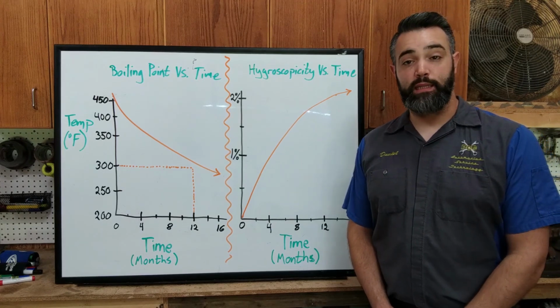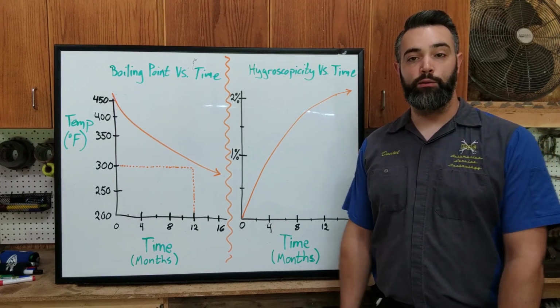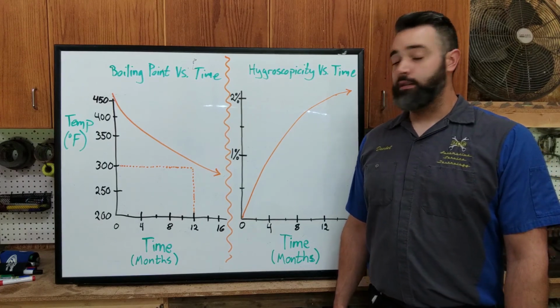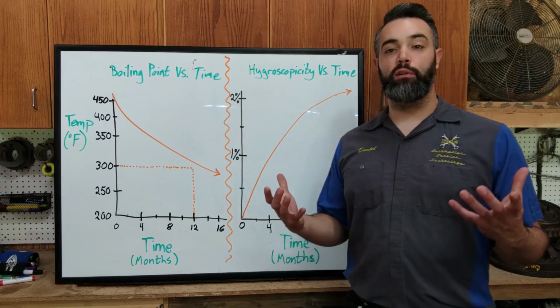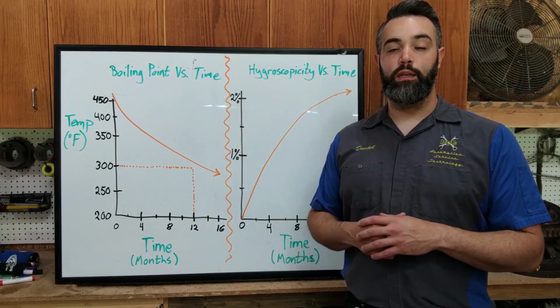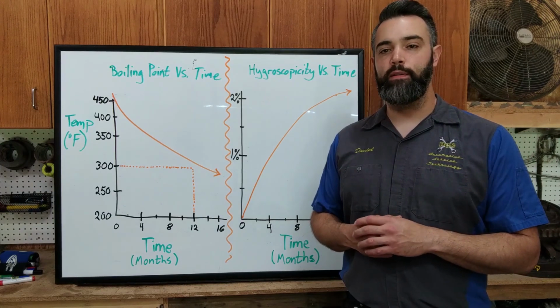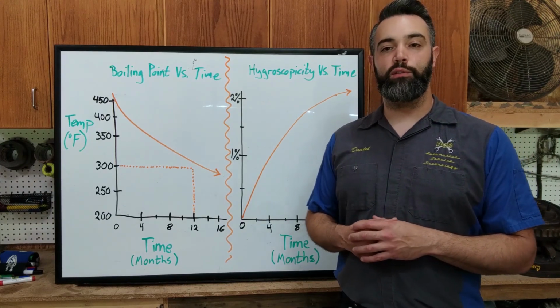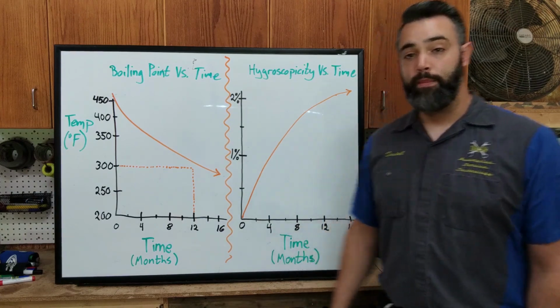A typical brake system with glycol-based fluid will absorb about 2% of its volume within a year. Some things that may change this is environmental humidity. In the Northwest, we have a pretty humid, wet climate with the rain that we have. That will contribute to increased amount of absorption within that year.